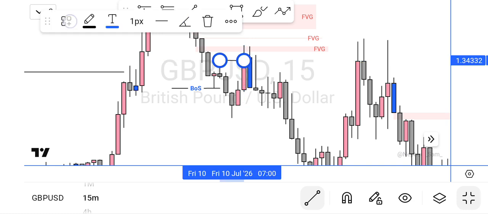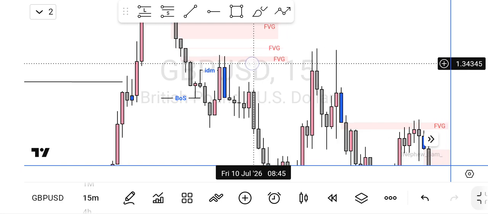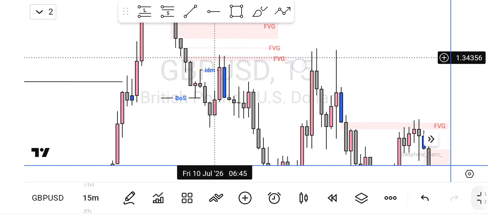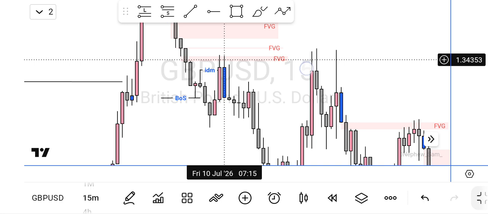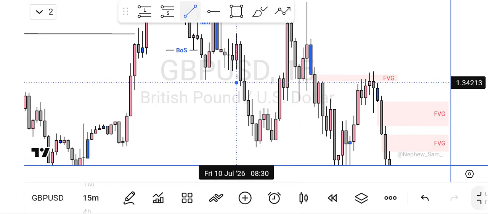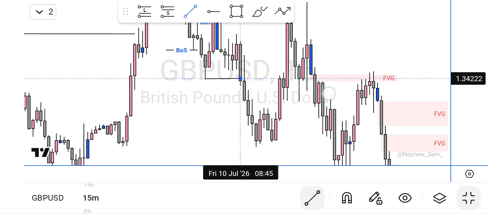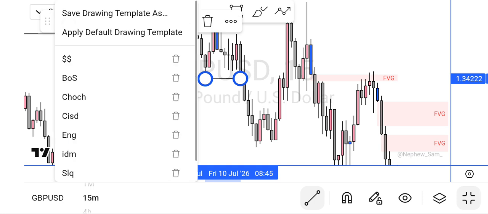Took out the inducements and dropped. You understand? Reacted from a key level, which is this supply FVG, fair value gap, and dropped. So when it dropped, it created another break of structure right here.